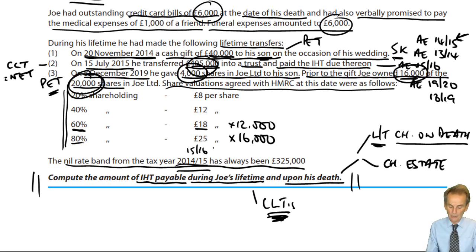Again, possibly by the time you see this lecture, that will already have been updated. Sorry, that should have been updated from an earlier year. So there, 15th of July 15, that's in the 15-16 tax year. It's 325,000. We knew it was going to be. We've had 325 since the 09-10 tax year.